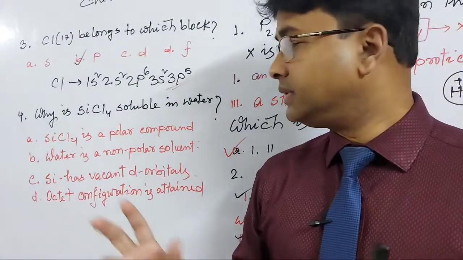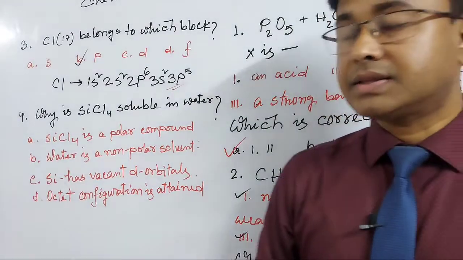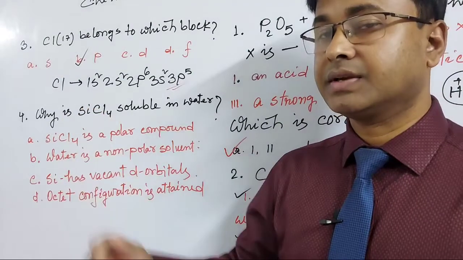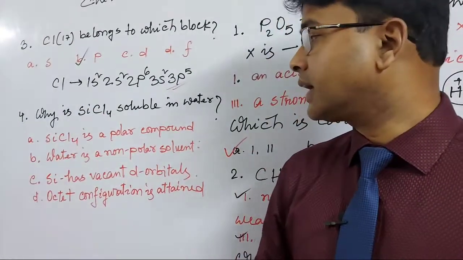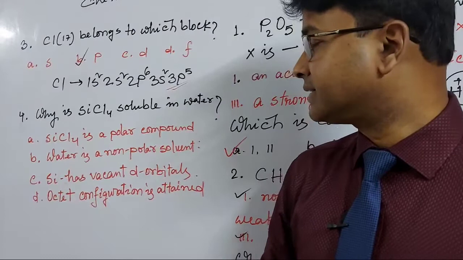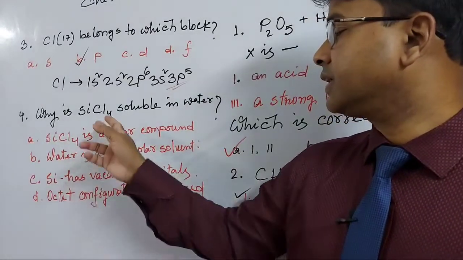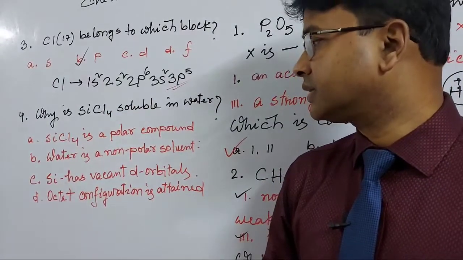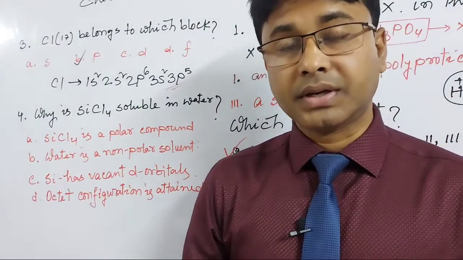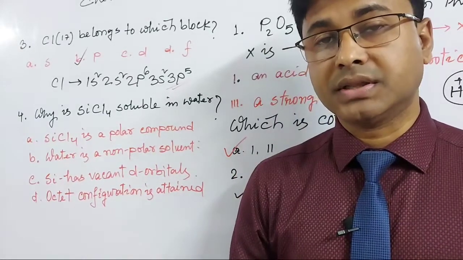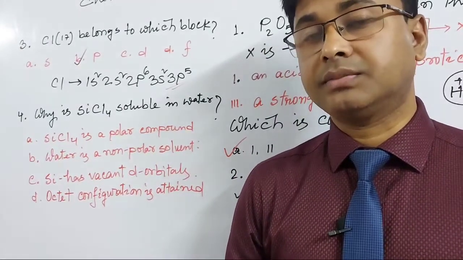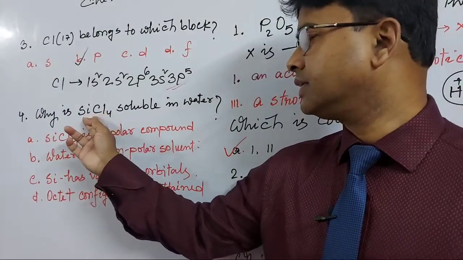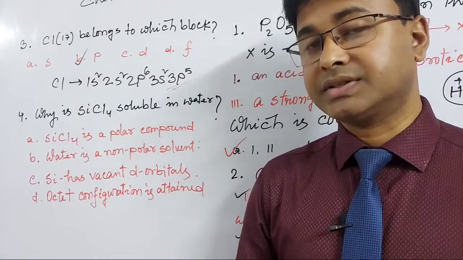Here actually the central atom of silicon tetrachloride is silicon, and silicon contains vacant d orbitals. During the reaction between silicon tetrachloride and water, the lone pair electrons of oxygen in the water molecule are received by silicon in its d orbitals.